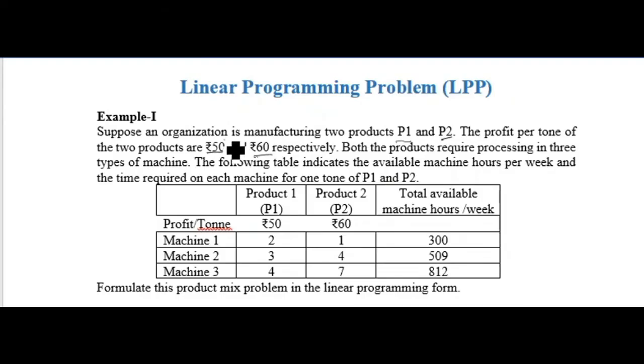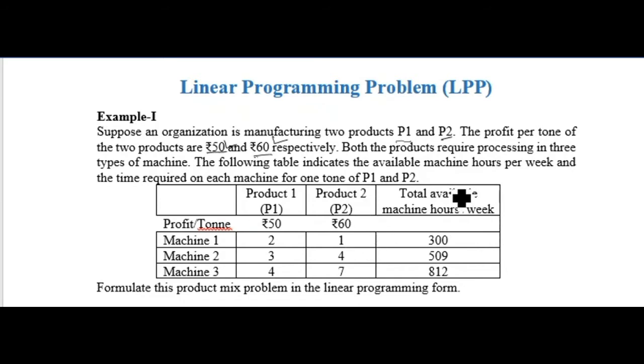Let's make this one 50 lakh and 60 lakh, something like that. The following table indicates the available machine hours per week and the time required on each machine for one ton of product 1 and product 2. Profit per ton is 50 lakh for product 1 and 60 lakh for product 2.